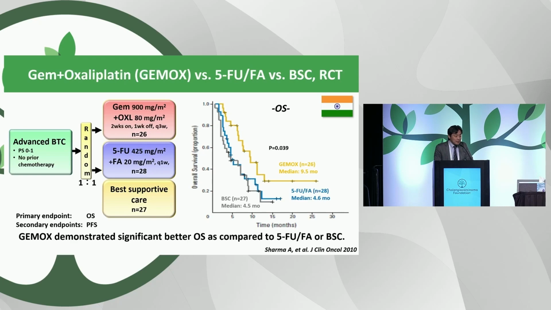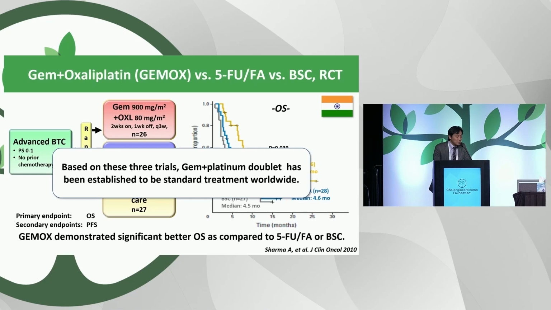The third trial is a randomized controlled trial of gemcitabine plus oxaliplatin versus 5-FU folinic acid versus best supportive care. GEMOX demonstrated a significantly better overall survival as compared to the 5-FU folinic acid or best supportive care. Based on these three trials, GEM plus platinum doublet has been established to be a standard treatment worldwide.